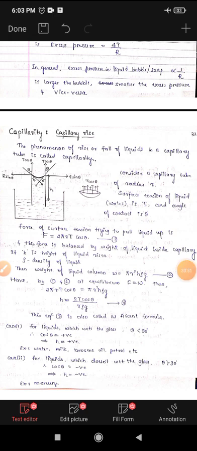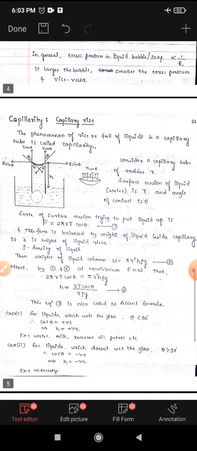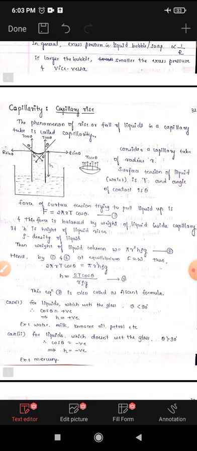And this force F is balanced by the weight of the liquid inside the capillary tube, which has height h, and rho is the density of the liquid, as we said earlier.